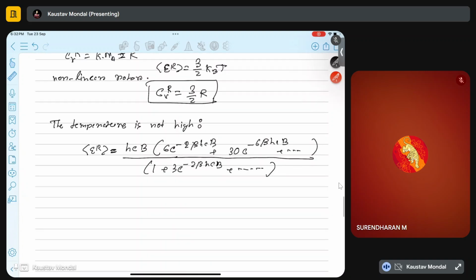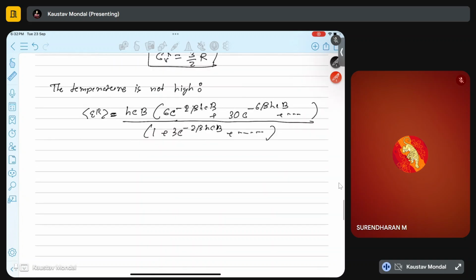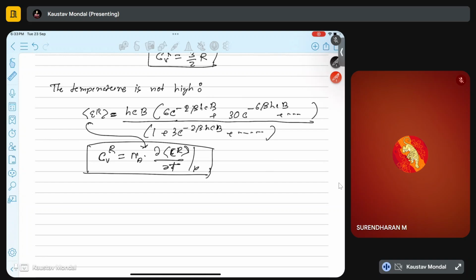In that case, you have to take the derivative of this whole thing, del ER by del T, in order to get the expression of the specific heat. So you substitute this ER into the expression of CV to get the rotational contribution. This is the case when the temperature is not high.